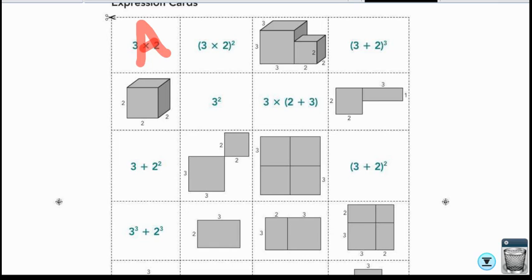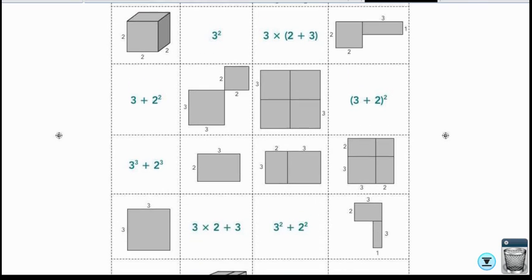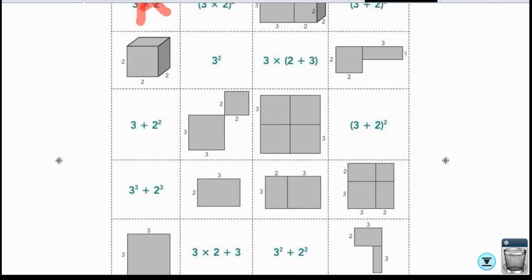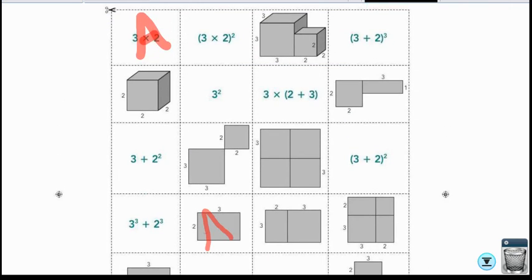Where can we find a rectangle that's 3 times 2? And the reason I say it's a rectangle is because it's 2 numbers multiplied, which means we're in 2D, versus 3 numbers multiplied would be 3D. 3 times 2. Boom, here it is. A. This is 2 times 3. Up here is 2 times 3.